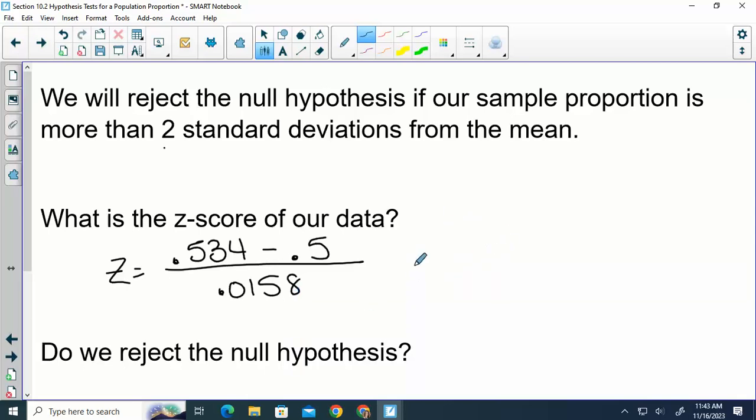And we get 2.15. So what this means is we are 2.15 standard deviations above the mean.